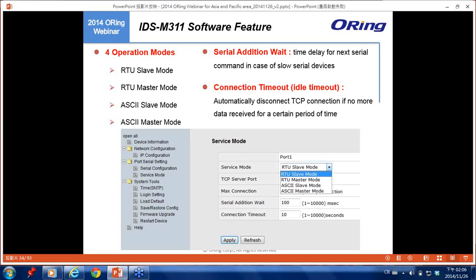But in some cases, whether it's the software, the computer, or any other reason, the TCP connection is not terminated. In this case, the Modbus gateway, here the IDS-M201, will need to use this parameter to disconnect the TCP connection in order to release the TCP connection resource.